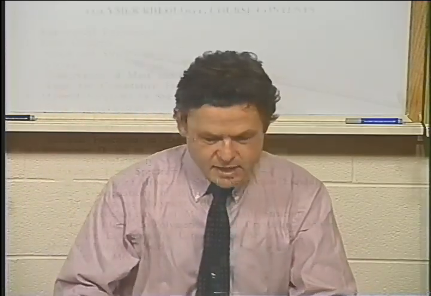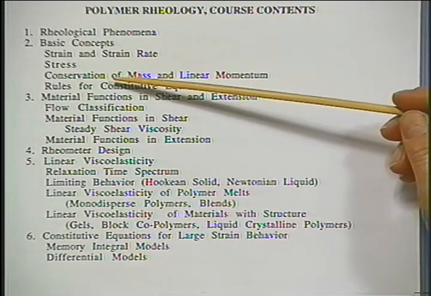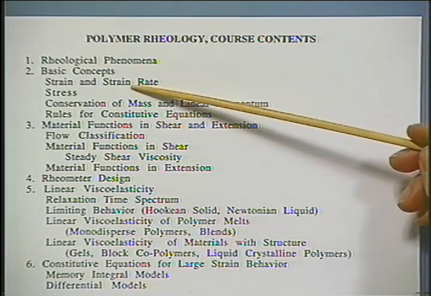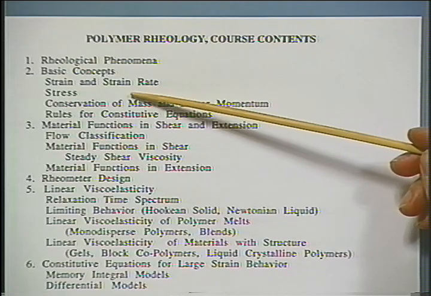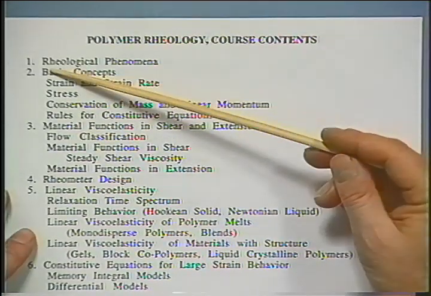Let's move to the next subject. We have to define basic concepts to be clear about the language we are using. And this is the overview which you have. It's on sheet 1 of everything. So we will move to chapter 2, basic concepts, and we'll look at the strain. And the subject is really the definition of strain tensors.